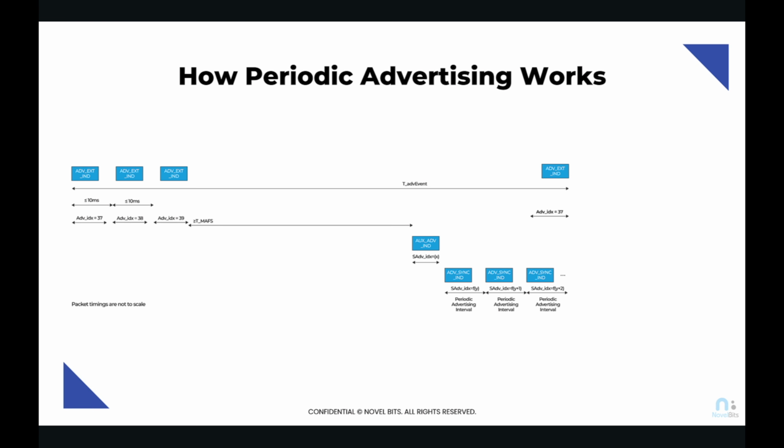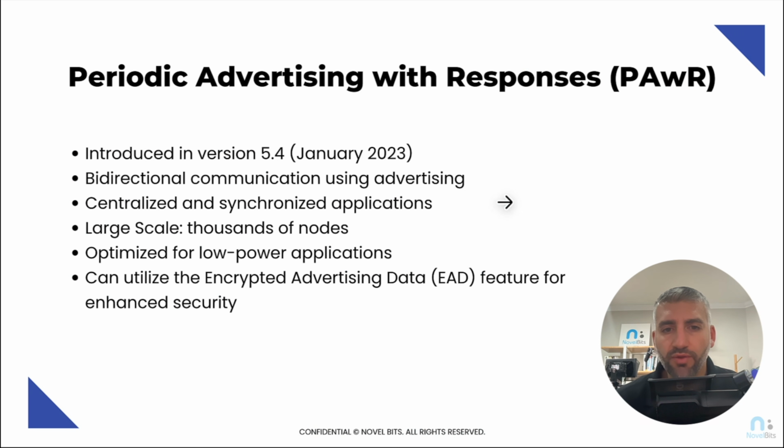and be able to conserve more power and only wake up when needed. So now that we understand what periodic advertising is and how it works, and periodic advertising as well as extended advertising was added in version 5.0. So it was back in 2016, so it's been a while since that feature was released.